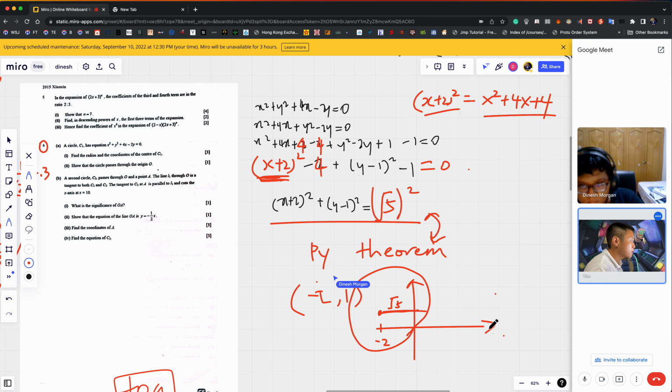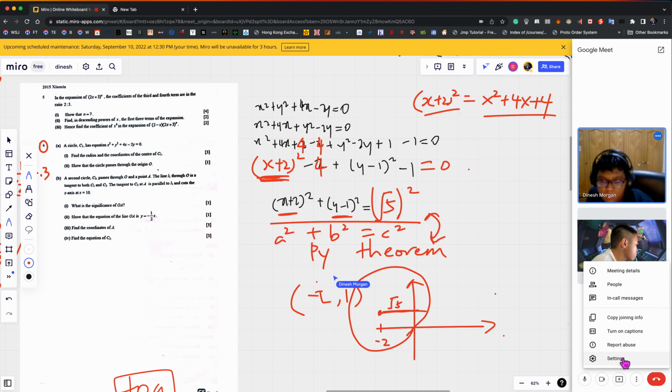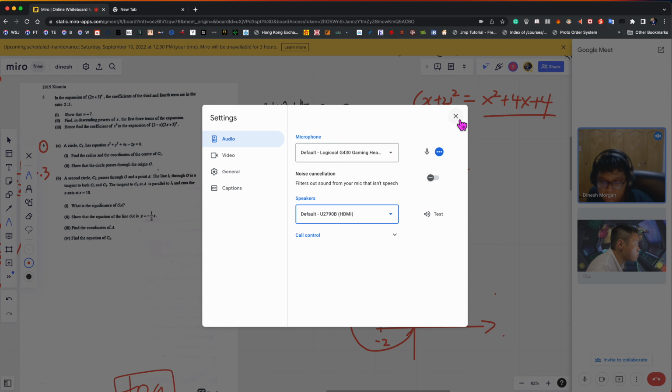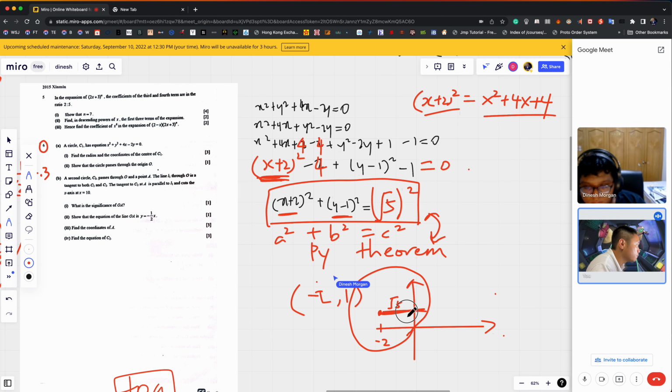If you look at it, you can see that x minus the 2 is your a squared plus b squared equals c squared. The radius is actually the longest side, the hypotenuse. But then what's the triangle?